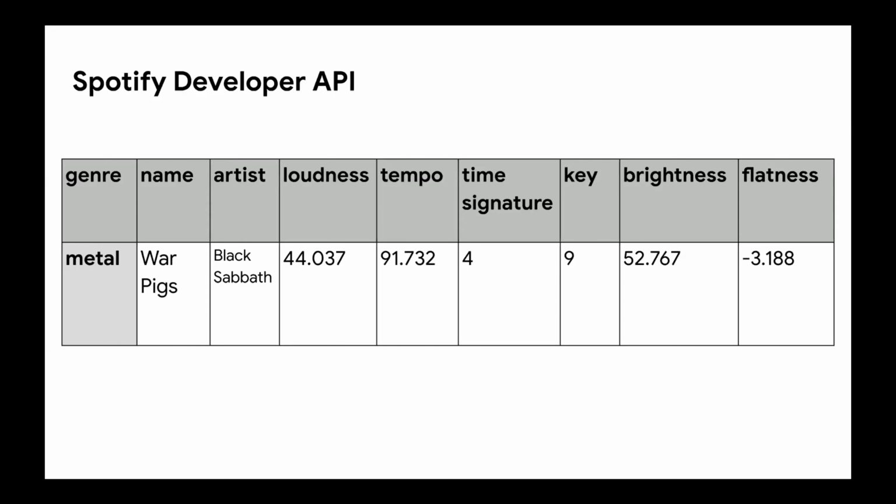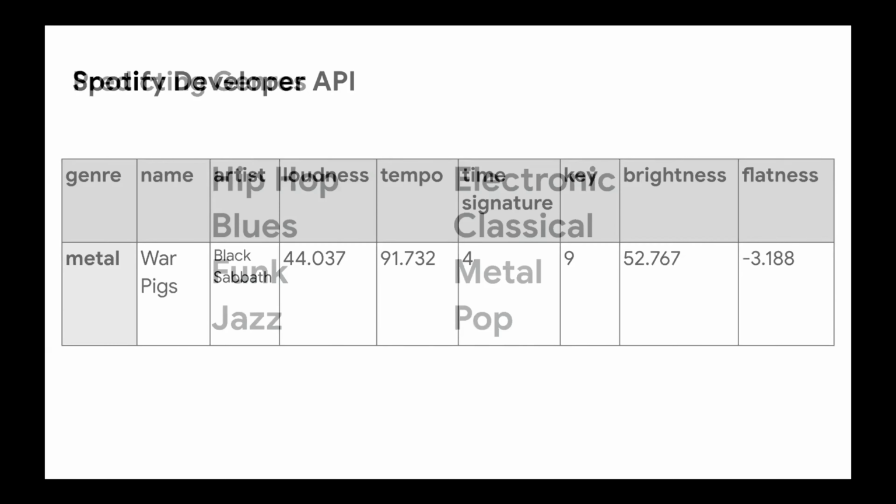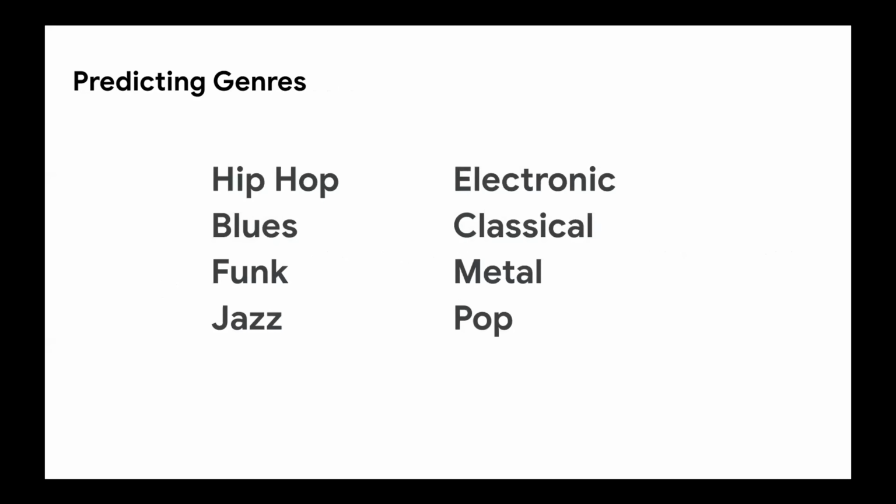So that was an example of how you could take a type of information that you wouldn't necessarily expect and put it into AutoML Tables and be able to categorize it. So it was able to correctly identify music from these different genres.